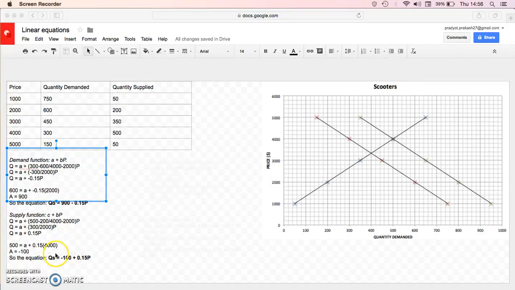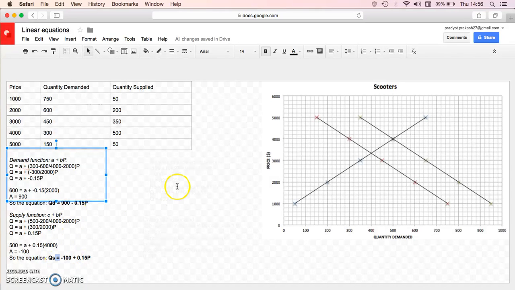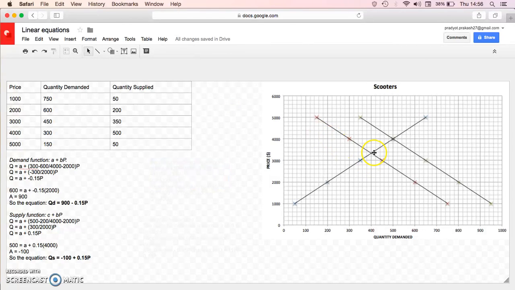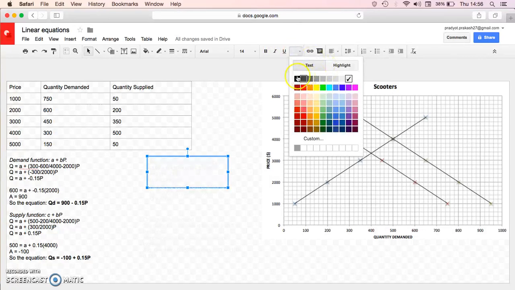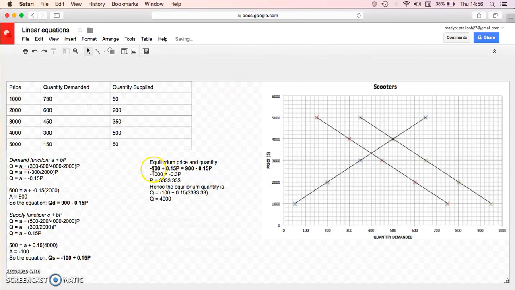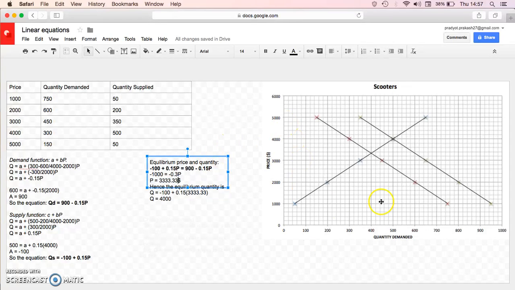Alright, so now we have equations for both supply and demand. The next thing to do is to figure out the equilibrium price and quantity, which would be this point right here. What we can do for this is set the supply equation and the demand equation equal to get the equilibrium price. So we rearrange and collect like terms. Negative 1,000 equals negative 0.3p, and we get that the equilibrium price is just above $3,000, which makes sense if you look at the graph, because right here, in between 3,000 and 4,000, this looks like about $3,300.